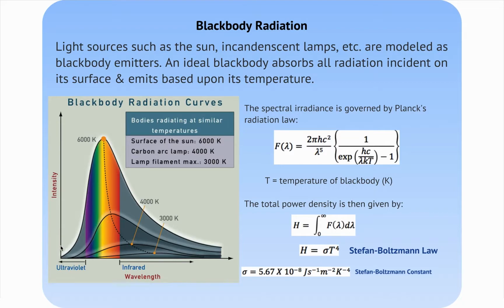So this is, for instance, the intensity, which is watts per meter squared per nanometer, so spectral irradiance, same as intensity in this case. This is wavelength. So at 6,000 Kelvin, which is roughly the temperature of the surface of the sun, this is the black curve.